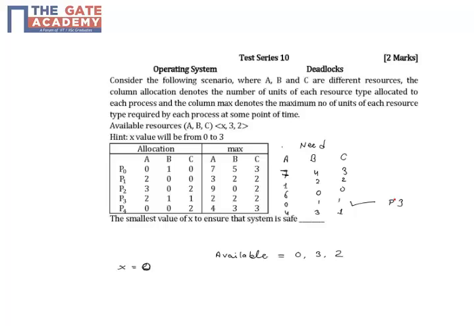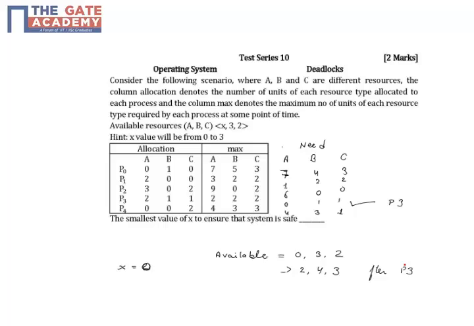After execution of P3, its allocation, that is 2, 1, 1, will be added into my available, so the new available will be 2, 4 and 3 after P3.